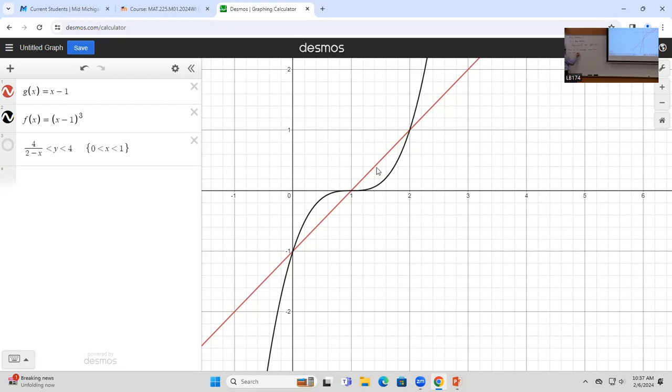One of those has the f of x on top. The other has the g of x on top.